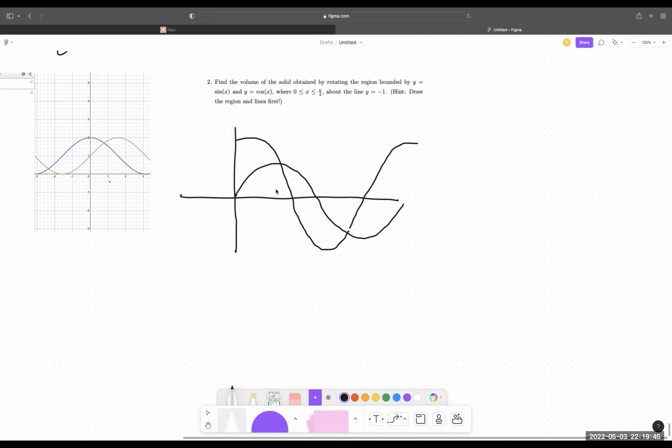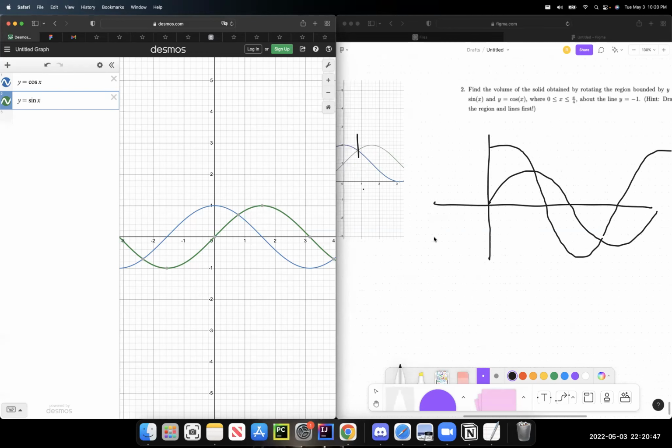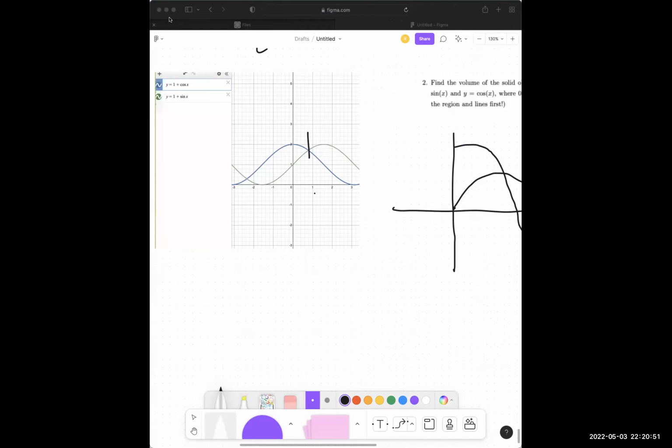And the idea is that you're revolving it around pi over 4. Let me see if I can show you this. As you can see, this pi over 4 part actually lies right in the middle. And again, we shouldn't necessarily need a graph to demonstrate that fact.